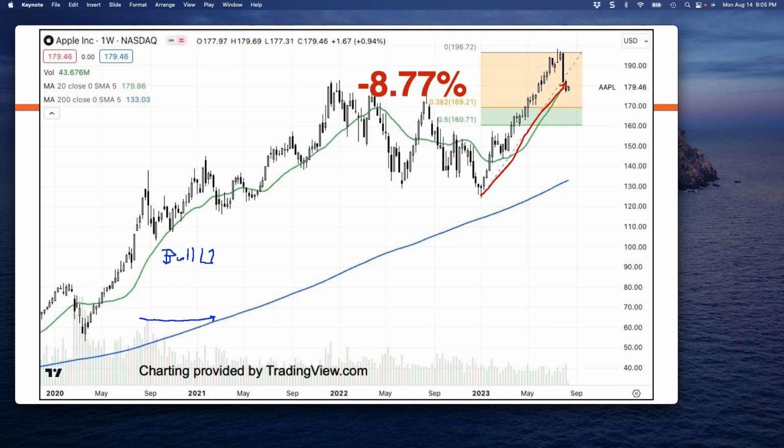And then as well, we'd like to see the 20-day moving average having sloped down, started to approach the area of the 200-day moving average, also flattening and starting to slope up a bit.